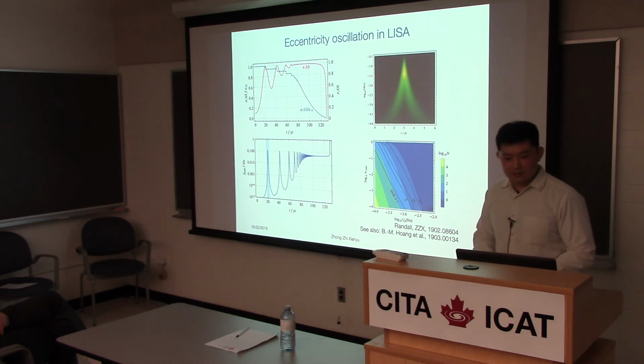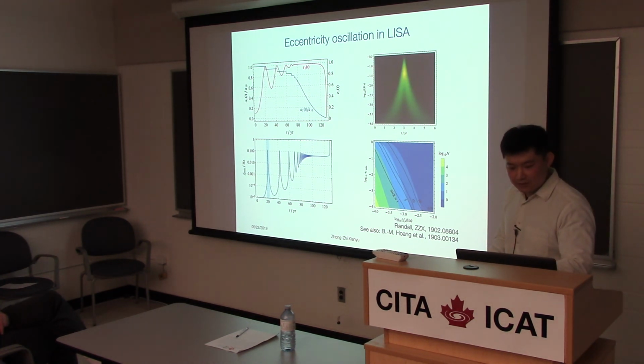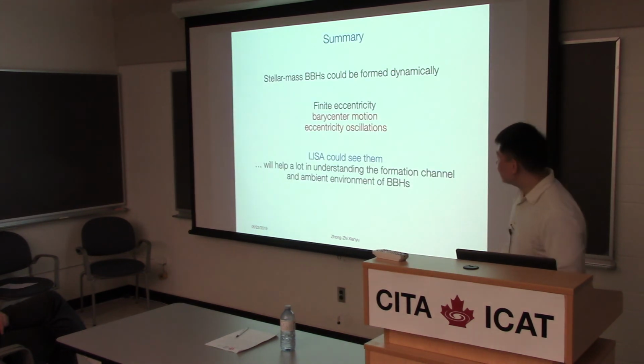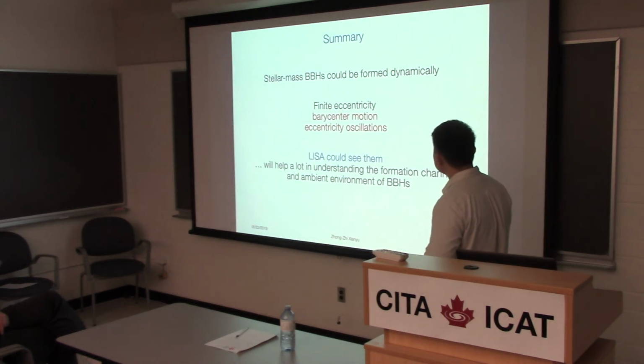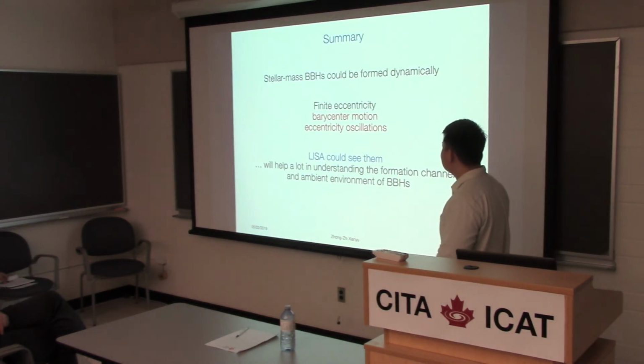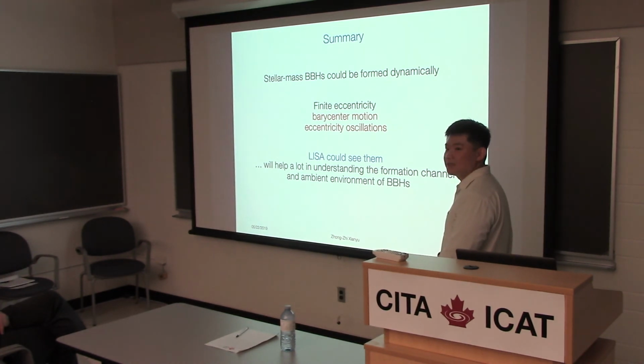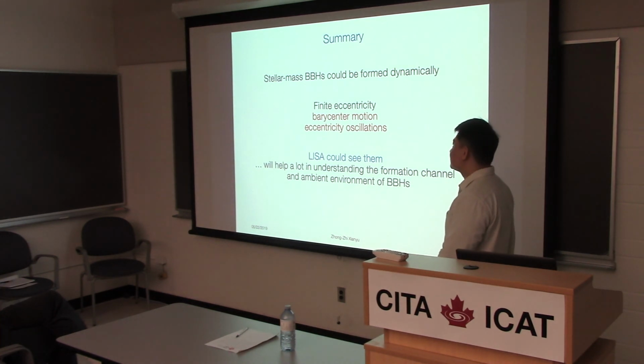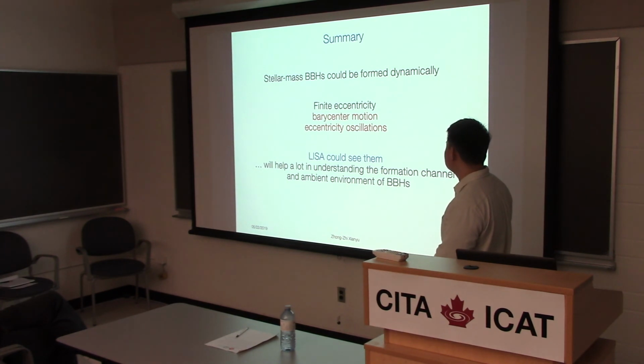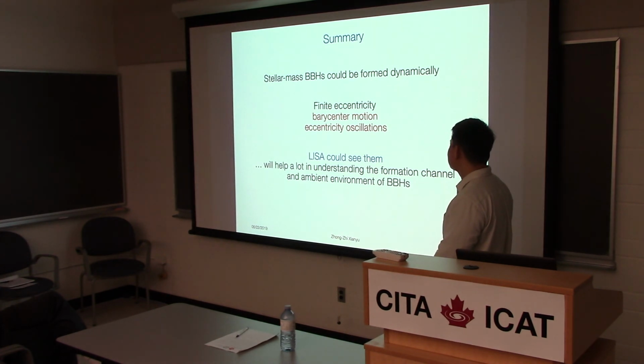Okay, it's about the time. So let me try to summarize. The general take-home message is that the stellar mass black hole binaries we see in LIGO could be formed dynamically. And to tell whether they are from isolation or from the dynamical channel, you can do different things like eccentricity and spin alignment.